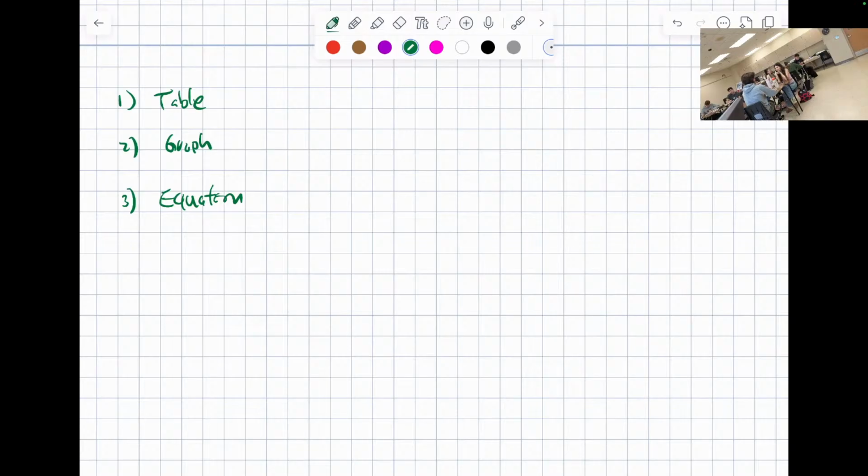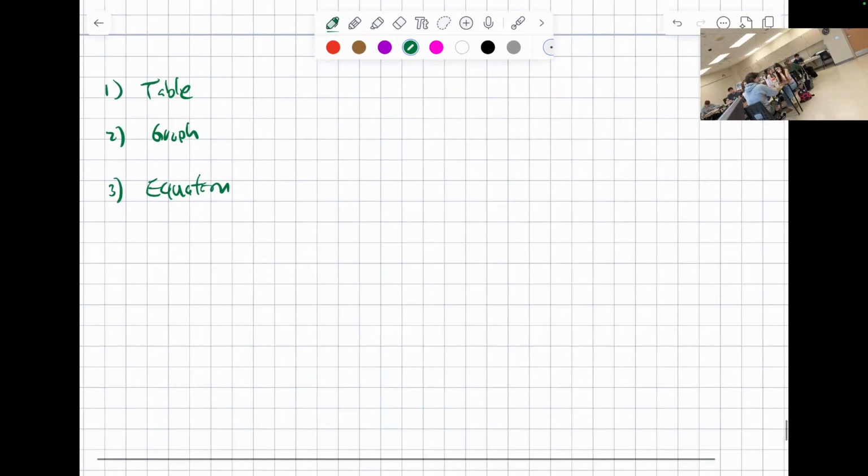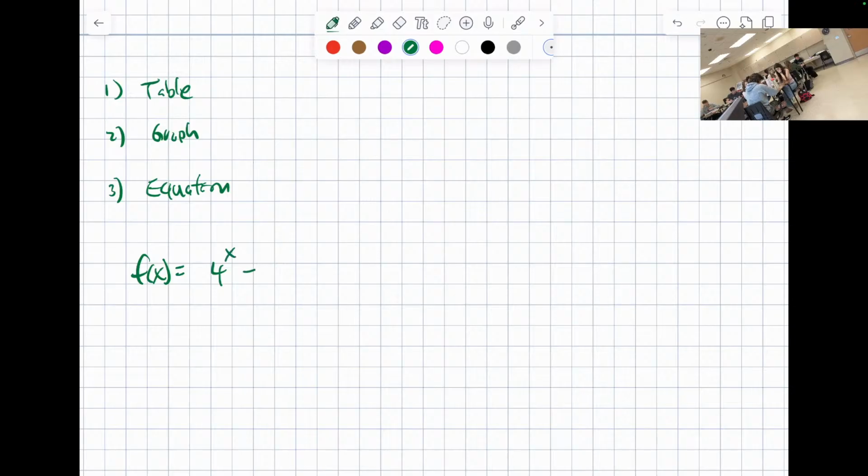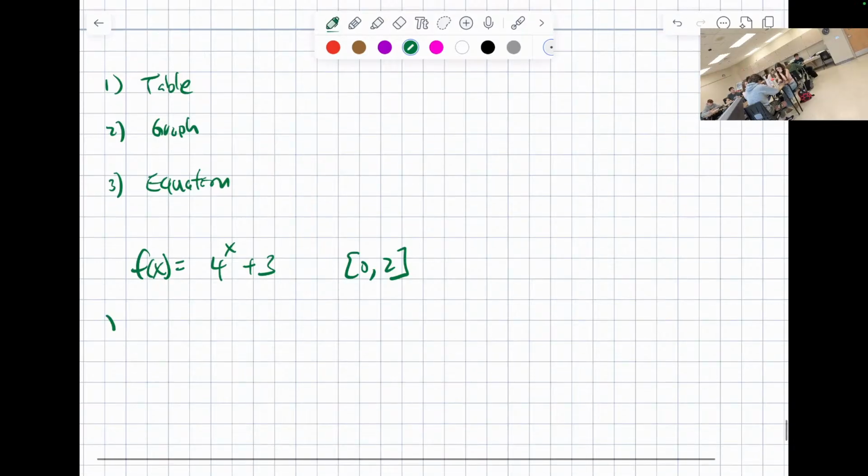Okay, so equation. Today I'm going to give you an equation. The equation is going to look like 4 to the x plus 3, and I'm going to say between 0 to 2. So I won't use the a.